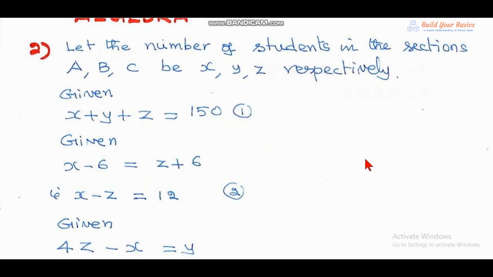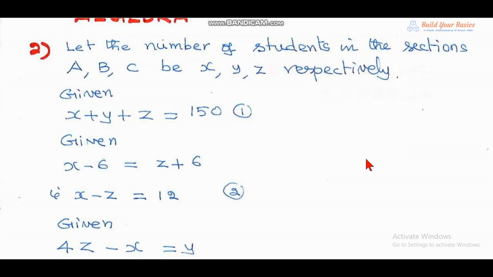Unit exercise 3, sum number 2. 150 students are admitted to a school. 150 students, total number of students. They are distributed over 3 sections, A, B and C. If 6 students are shifted from section A to section C, their sections, that is A section and C section, will have equal number of students.